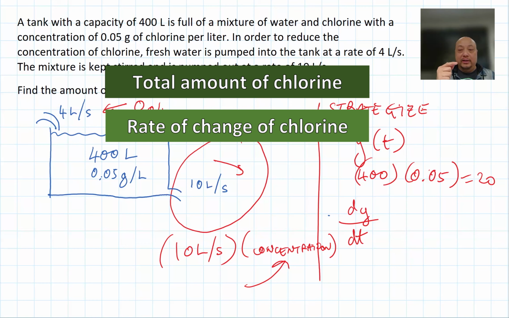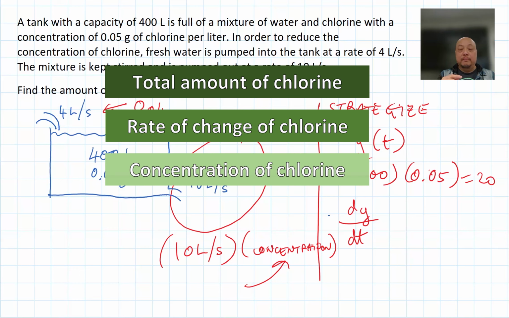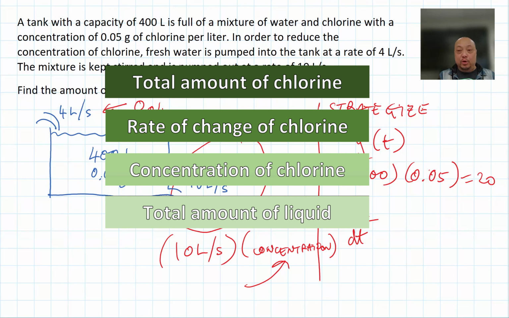And in order to get the rate of change, I need to know the concentration of chlorine. But concentration is defined as amount of chlorine divided by total amount of liquid. So before that, I need to find the amount of liquid. Those are the steps I know I'm going to need.